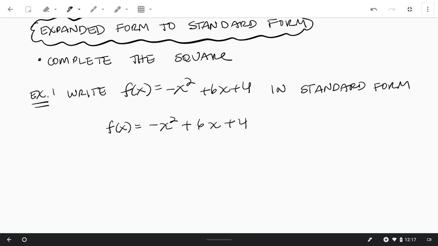Okay, so for some students, it might be easier if we move this over to the side. Okay, so f of x minus 4 equals negative x squared plus 6x. So this is what we have. And then we complete the square.